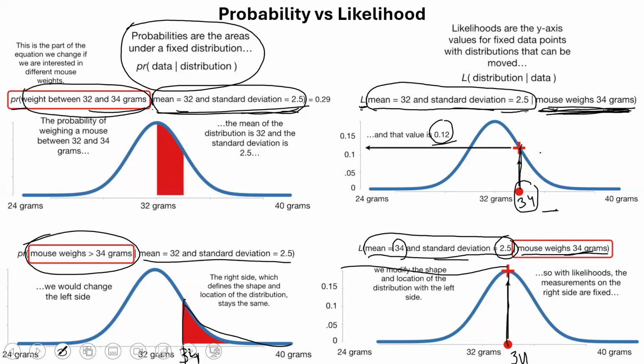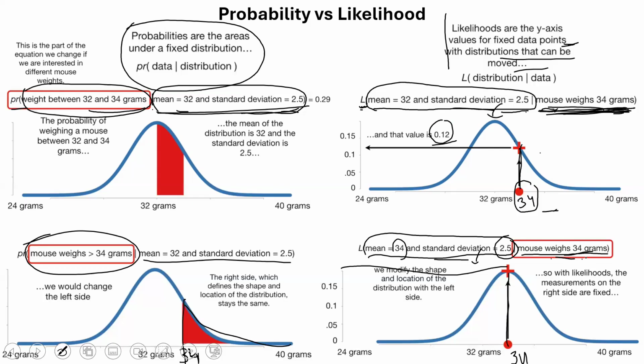So that is what we calculate using likelihoods. Likelihoods are the y-axis values for fixed data points with distributions that can be moved. We are moving the distributions, but we want to find out the likelihood of a fixed data point. Okay, that is how we calculate the likelihoods. That is the difference between probability and likelihood.